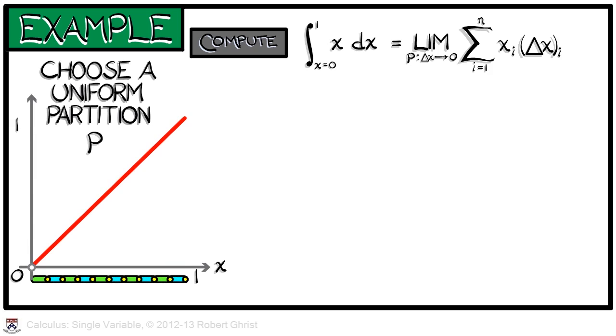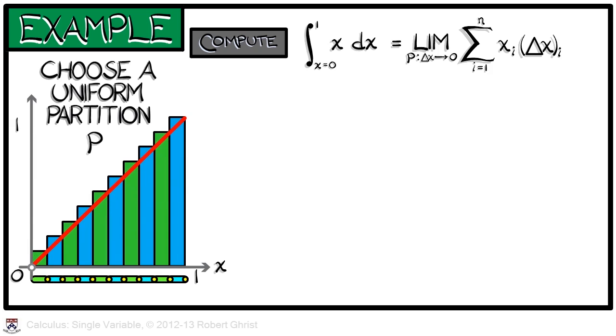That means the widths are a constant. Explicitly, we're going to set P sub I equal to the interval from (I minus 1) over n to I over n. This subinterval is going to depend on n, and so we'll have a sequence of partitions.